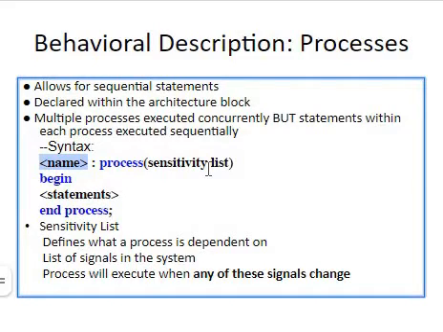Sensitivity list means that when this process will start executing is determined by your sensitivity list. For example, you designed a flip flop, and the flip flop should start whenever the clock comes or input D comes. So inside the sensitivity list you will write clock comma d. That means whenever your clock changes or whenever a new input comes to the flip flop, it will start the process.